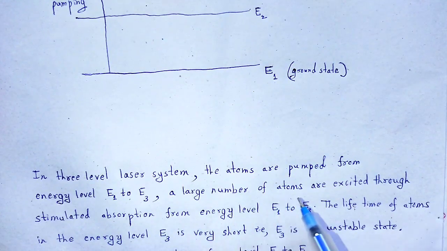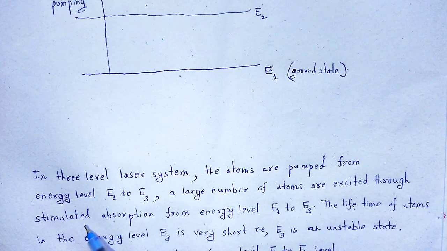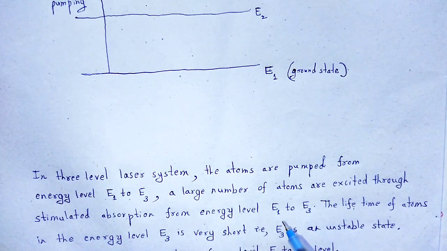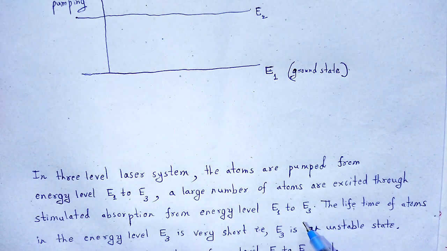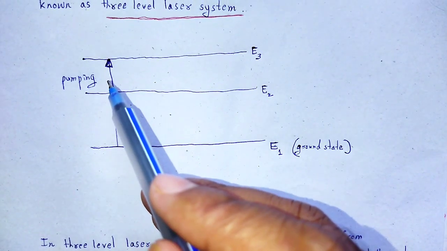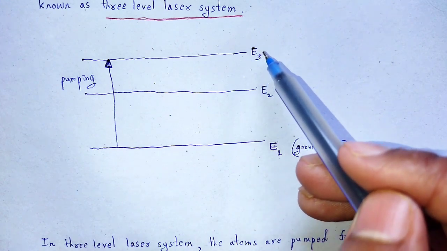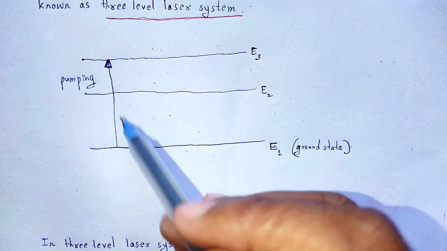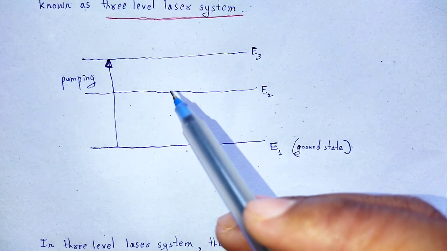A large number of atoms are excited through stimulated absorption from energy level E1 to E3.